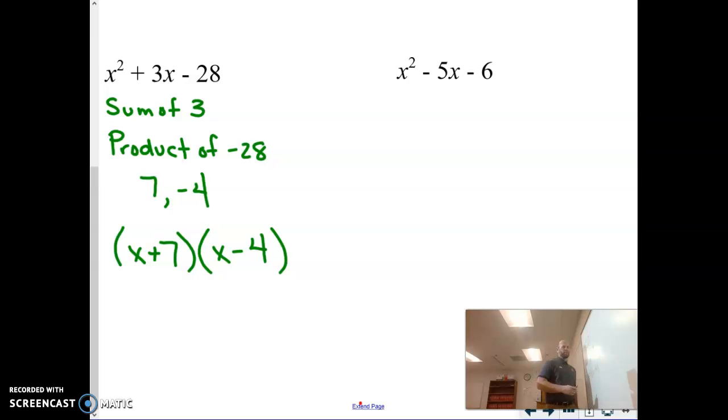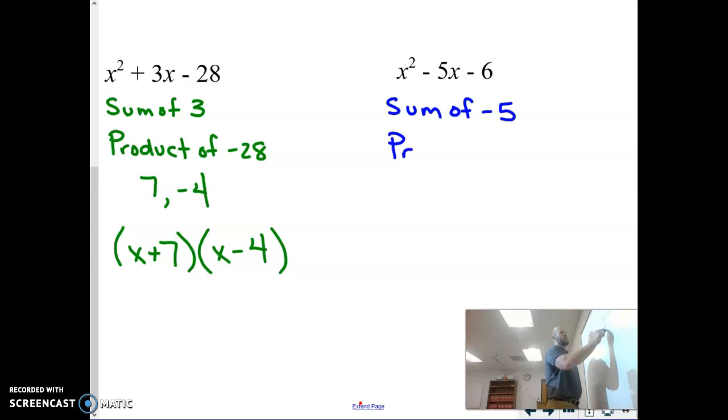The other example that I have here for you, x squared minus 5x minus 6, is an example where now we are going to have a positive and a negative number, and in this case, the negative number is going to be the larger of the two. So here again, we're looking for the sum of that middle term, the sum of negative 5, and a product of negative 6.